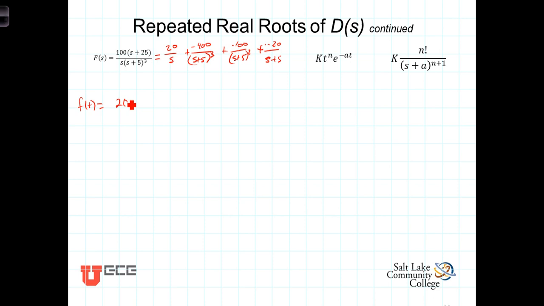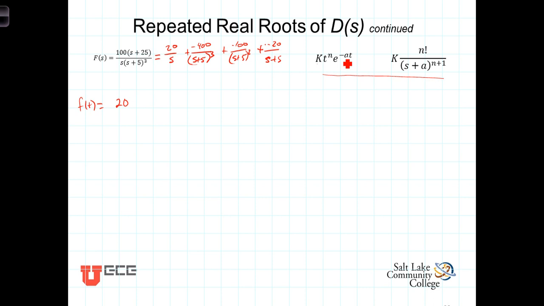Now, we have an s plus 5 quantity cubed in the denominator. From a table of Laplace transforms, we find that in the s domain, something of the form n factorial over s plus a raised to the n plus 1 power corresponds to a time domain function of the same constant multiplier, t to the n e to the minus at.